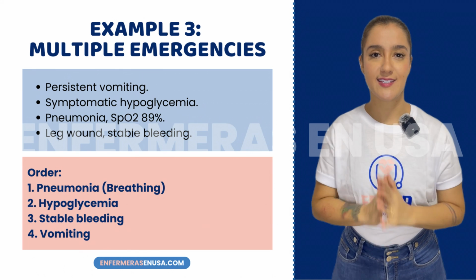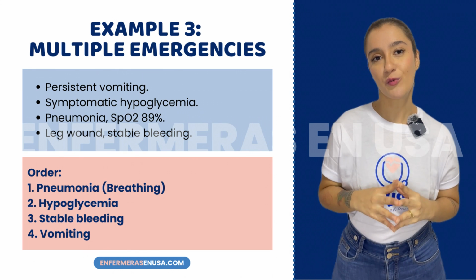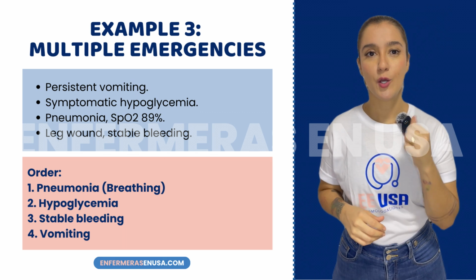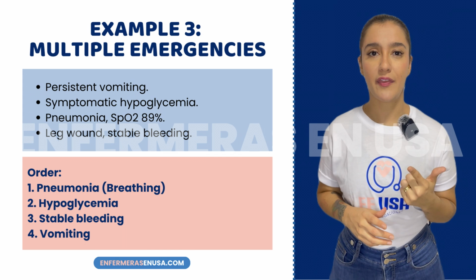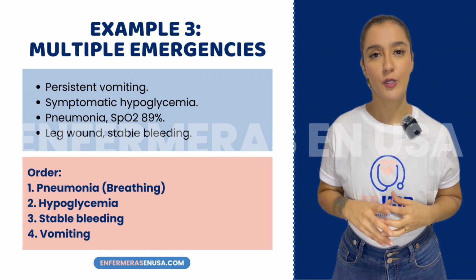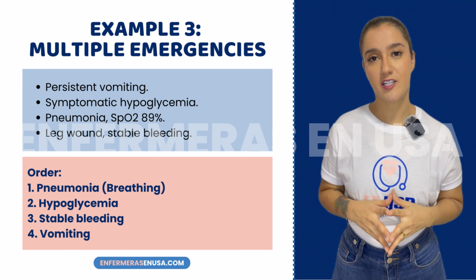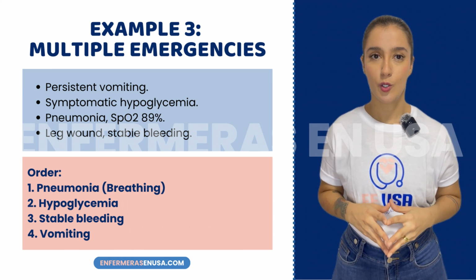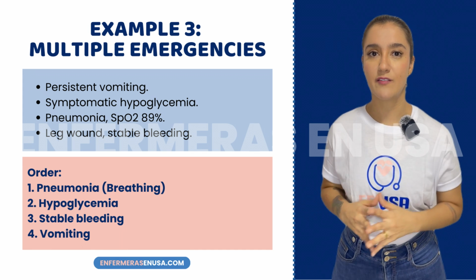Now, the third example, multiple emergencies. Imagine an emergency room with 4 patients. One with persistent vomiting, one with symptomatic hypoglycemia, sweaty, trembling, confused, one with pneumonia, oxygen saturation at 89%, and one with a bleeding leg wound but hemodynamically stable.